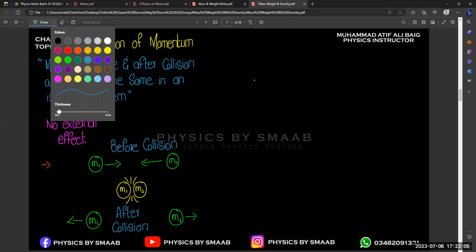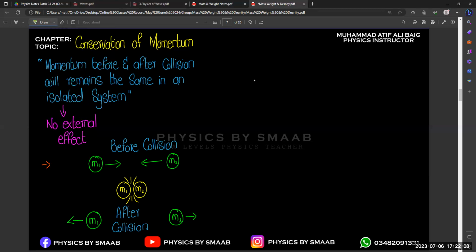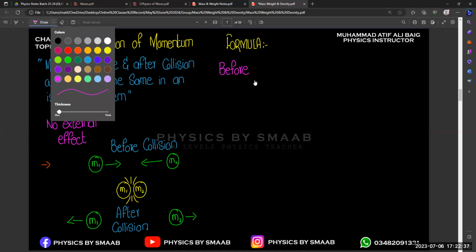Okay, now if we talk about the formula, the formula we are going to use is like this. Before collision, let's suppose there are two bodies, right? So we need to write their masses because mass remains the same. So m1 remains m1, m2 remains m2, but their velocities will change, right? So we need to write their velocities.